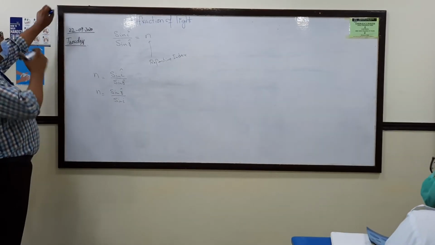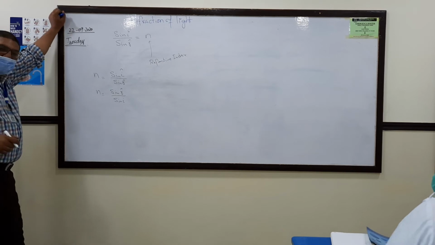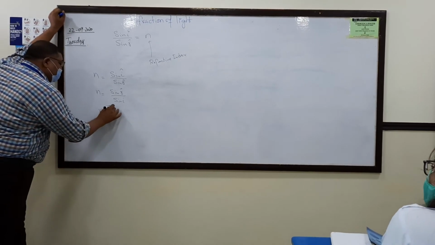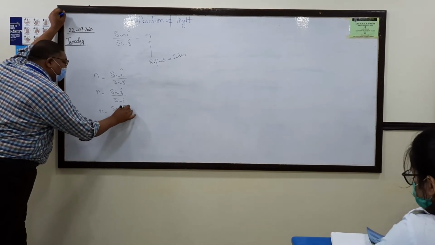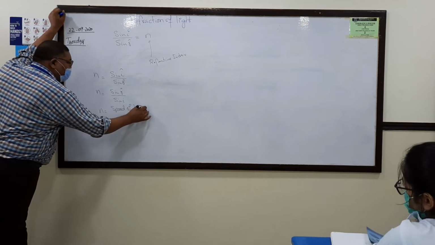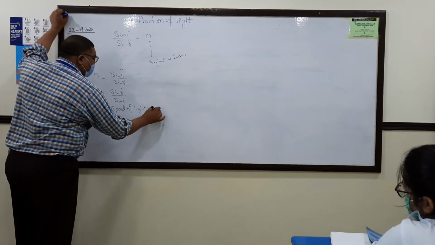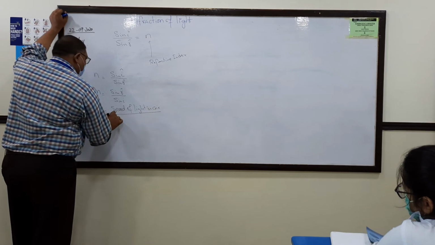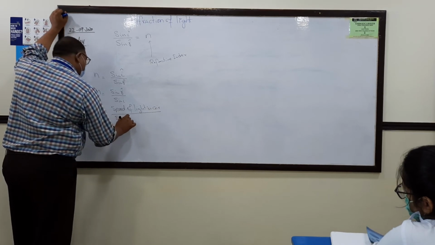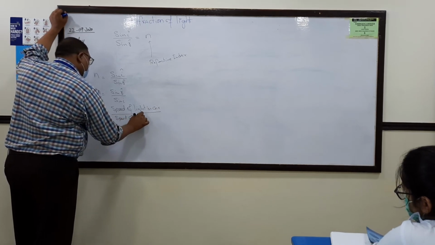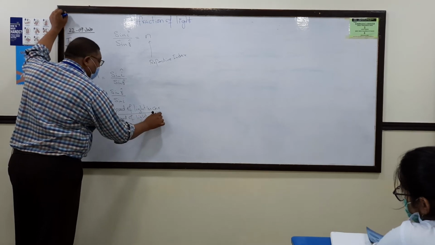There is another formula for the refractive index of light, and that formula is the speed of light in air divided by the speed of light in the medium.